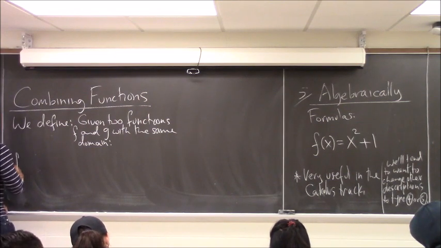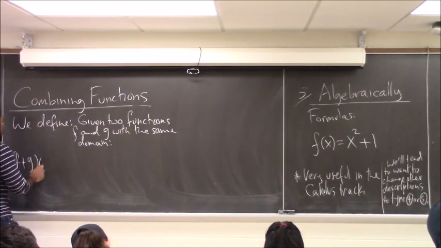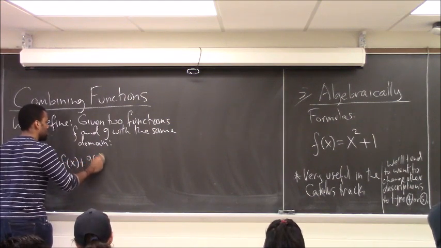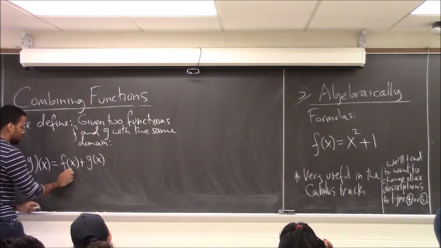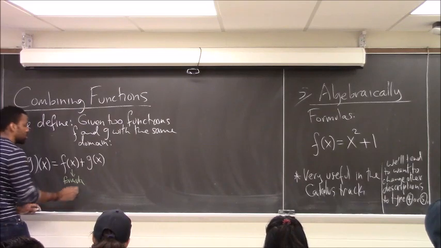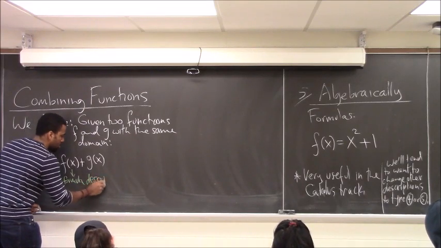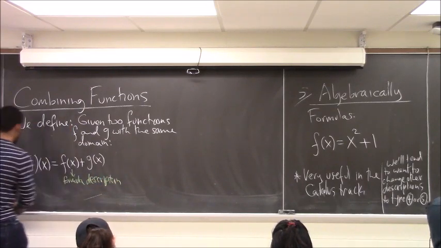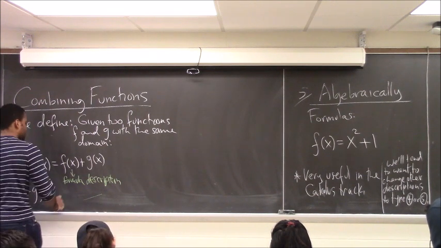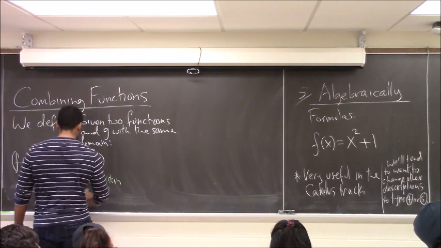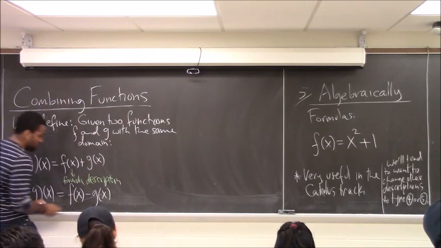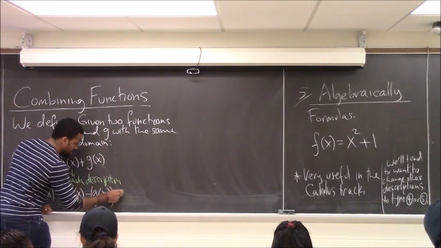We define f plus g. You can write this expression. That just means you add the formulas. This represents the formula description. And you can create the function f minus g. That's just you subtract the formulas, where, especially if there are several terms, you would want parentheses around this.